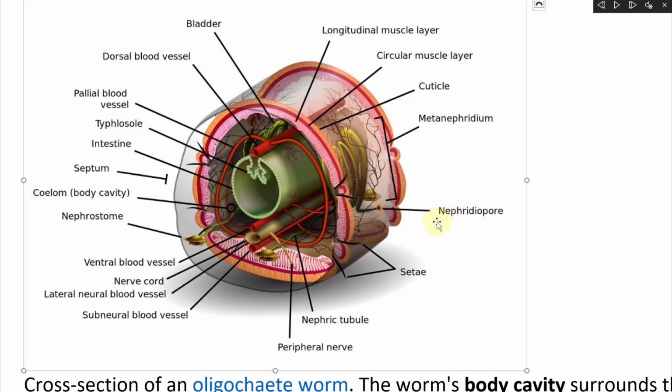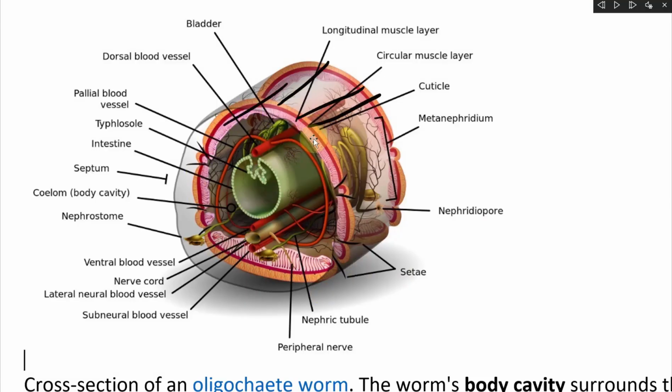There's the metanephridium and the nephridiopore. There's a longitudinal muscle layer going around the whole setup. It's longitudinal, so that means it's going across like this. There's the intestine over there, and there's the coelom, the body cavity. And there's the ventral blood vessel, nerve cord, and other structures here.